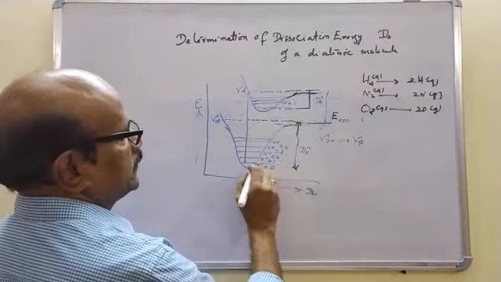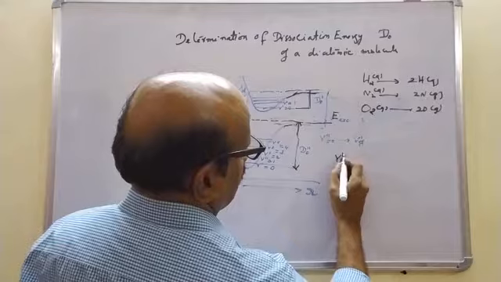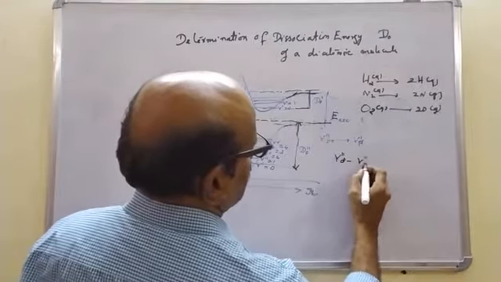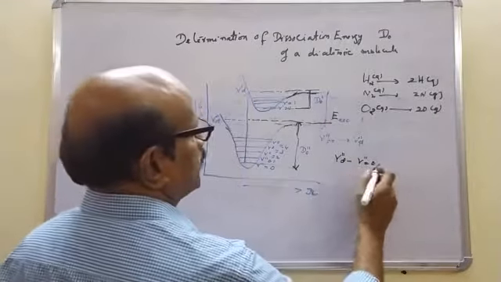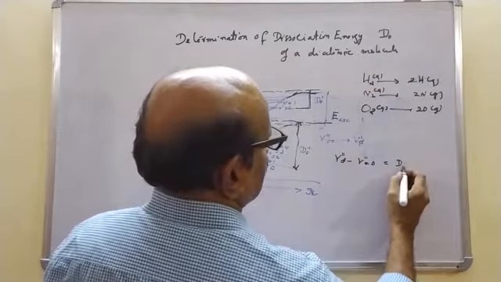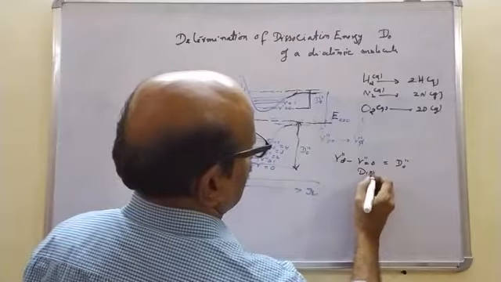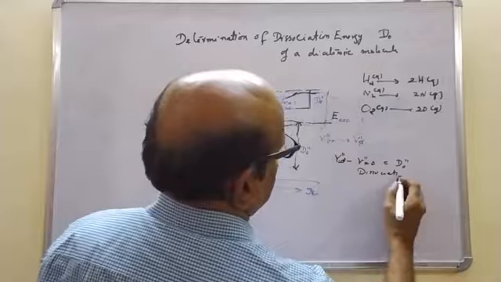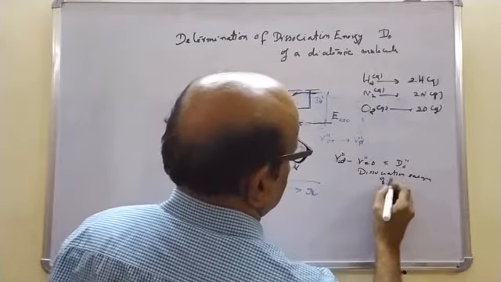That is the difference in the energy between nu double dash d and nu double dash 0. That actually represents D0 double dash, the dissociation energy of the ground state.